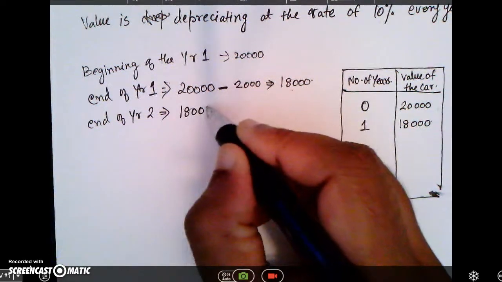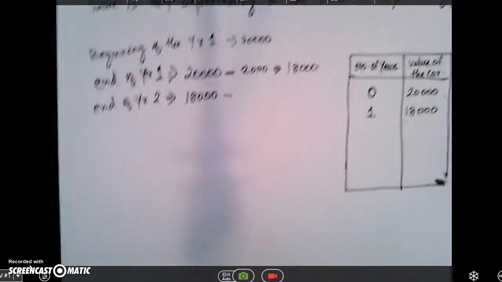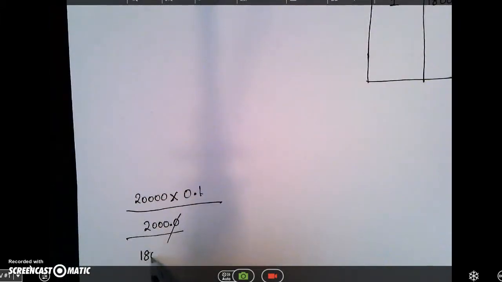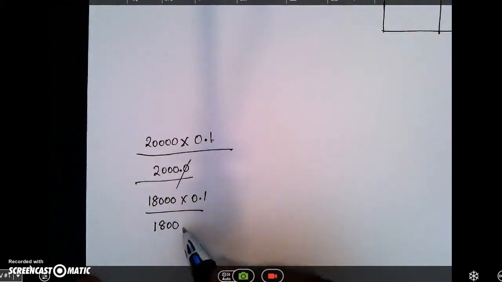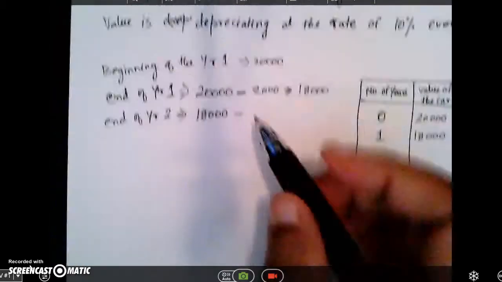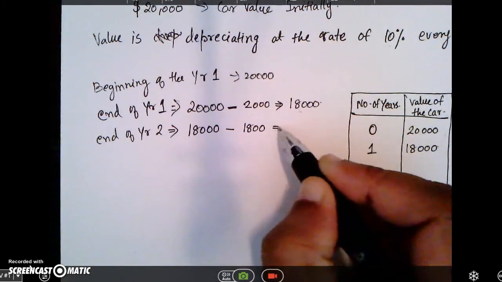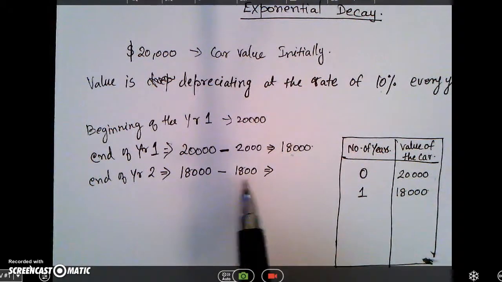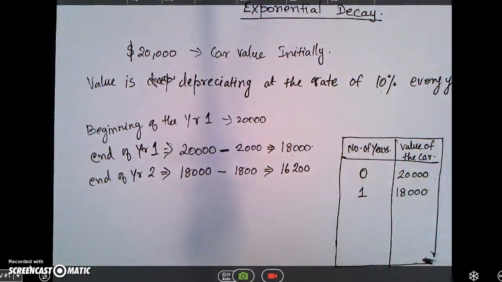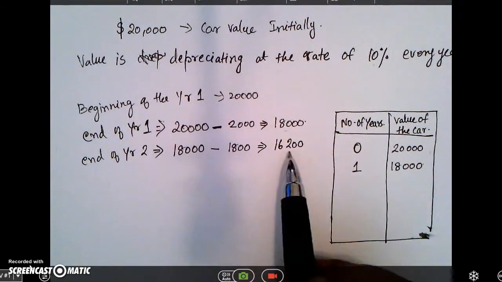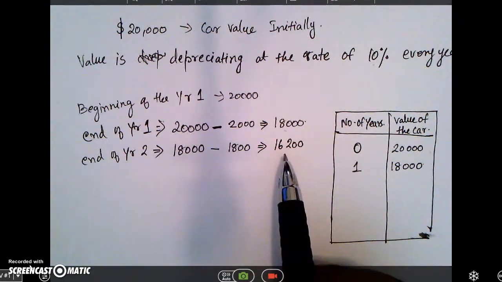So I started with 18,000. 10% of 18,000 is 1,800. So 18,000 minus 1,800. 18,000 minus 1,000 is 17,000, minus 800 is 16,200. That's the value of the car at the end of year 2.